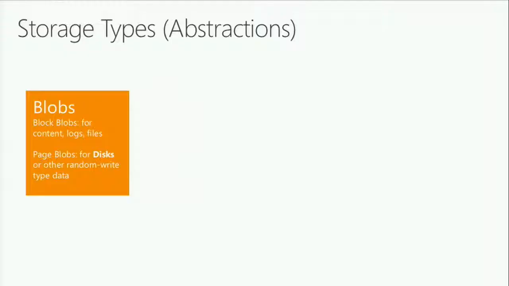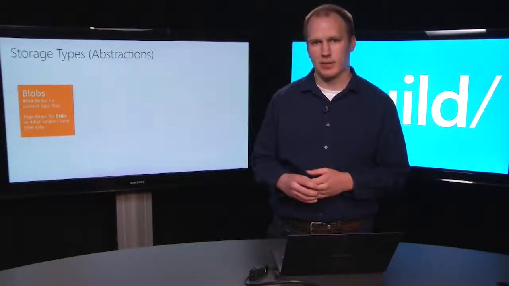Then we have page blobs. Most common scenario for page blobs is going to be disks. So anybody who's using Azure disks, that's all page blob data underneath. You can also use it in a few other scenarios for random read-write, particularly if you're doing random writes. You may want to explore page blobs.